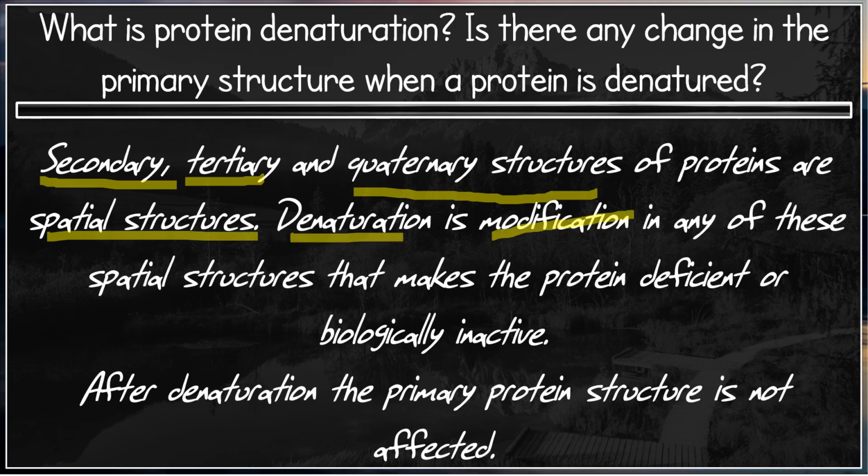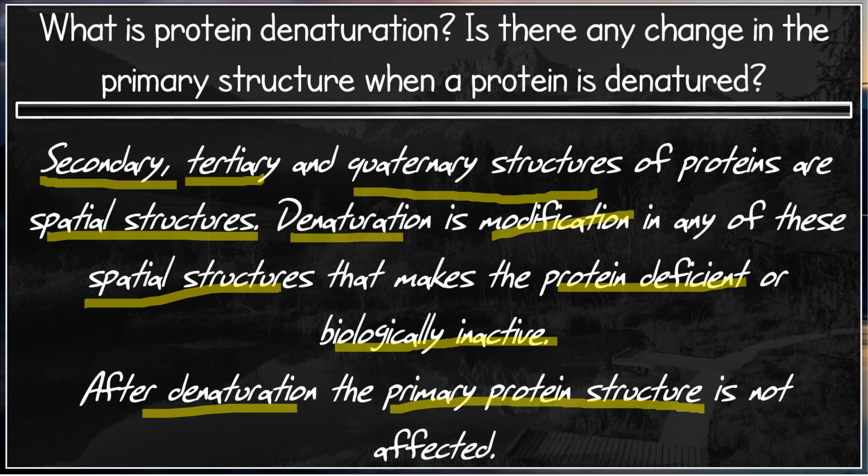Denaturation is the modification of any of these spatial structures that makes a protein deficient or biologically inactive. After denaturation, the primary protein structure is not affected.